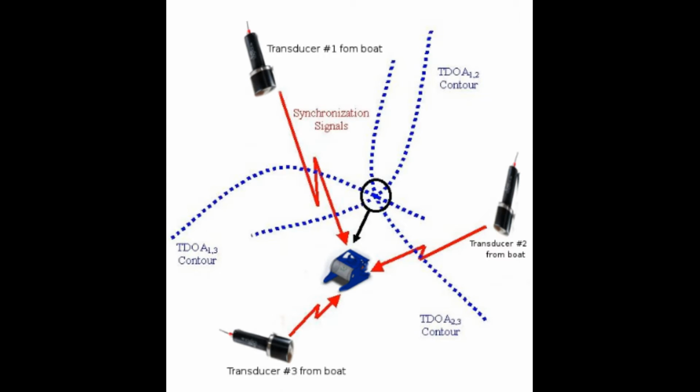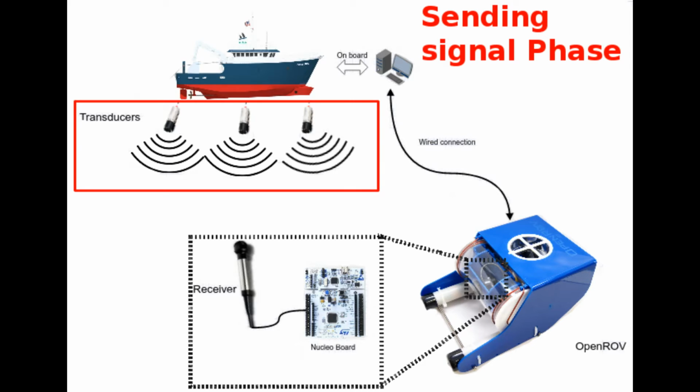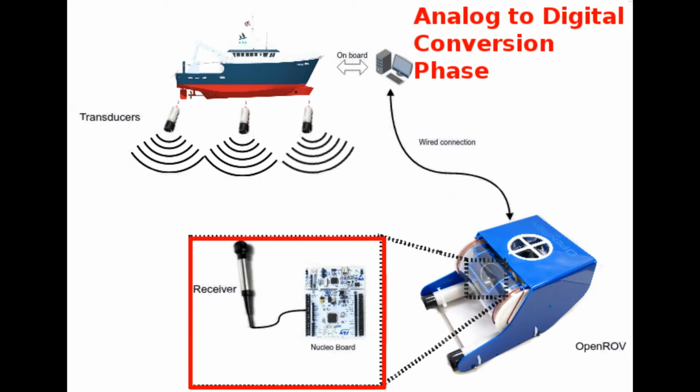Our method of triangulation uses acoustic waves and an algorithm called time difference of arrival to determine the location of the ROV. In summary, 3 transducers mounted on a surface vessel will send out signals to the OpenROV. The receiver on board the OpenROV will receive these signals and pass them on to the Nucleo board.